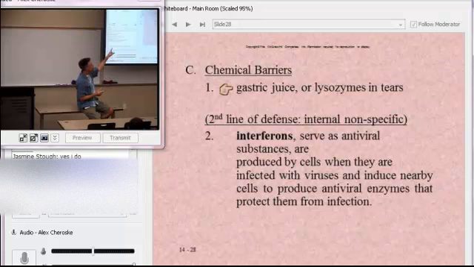So what we've been talking about so far is the first line of defense. We have a few different examples of it. We're talking about outside the body, ways that we can keep stuff from getting in. What we can continue with is the second and third lines of defense, talk about examples of things inside the body, and then finally get into our specific defense, or our adaptive defense, and how they work.